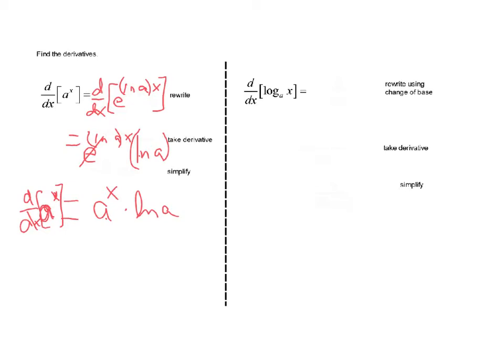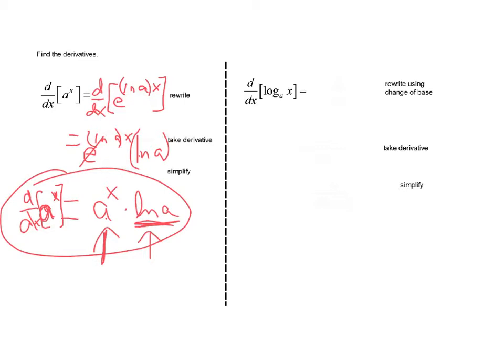Because we can rewrite anything with any base, it just changes the power. It's like e to the x, it has its own derivative, but because it's not exactly e to the x, that is the correction factor for it not being e to the x. So the derivative of any exponential is itself times the correction factor of natural log of the base.